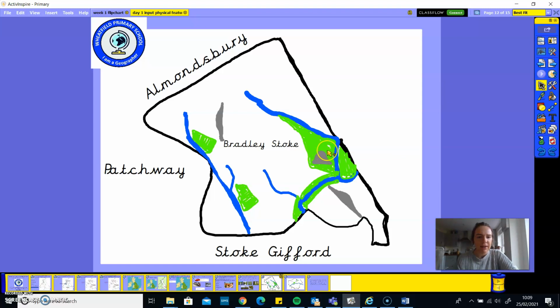So if there is a big hill at the nature reserve, what do you think the grey bits might be on here? They are hills. So in Bradley Stoke, we have got some greenery, some fields, trees, bushes, some rivers and some lakes and streams and some hills.